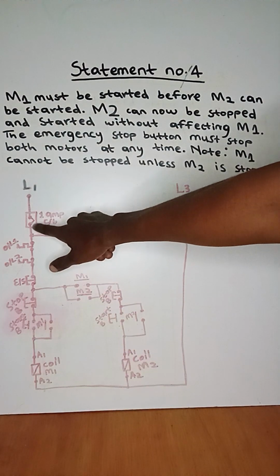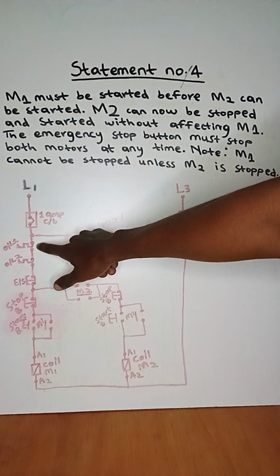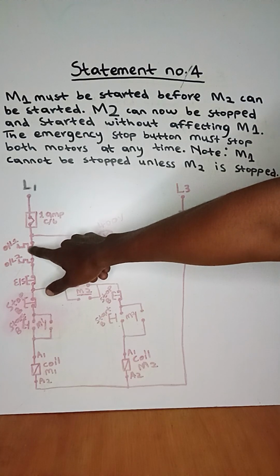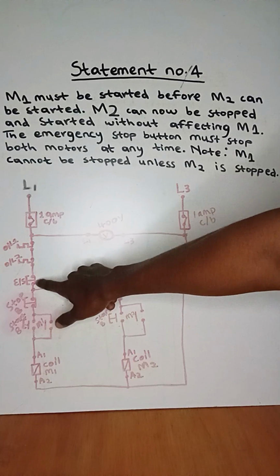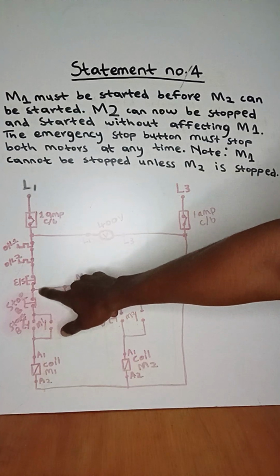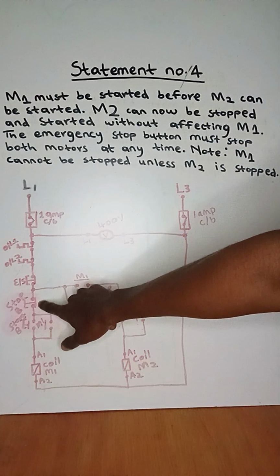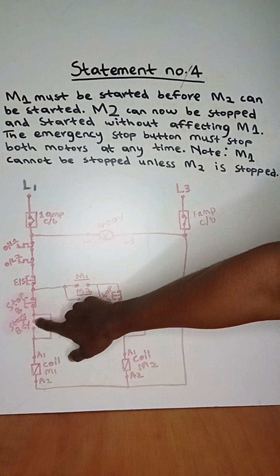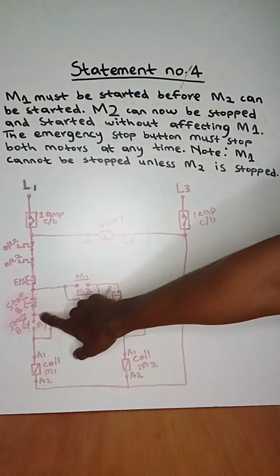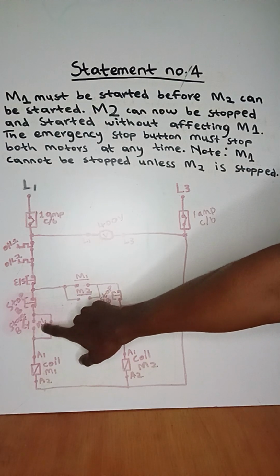Right, also current will flow down to the close contact of overload 1 and close contact of overload 2, close contact of emergency stop, stop button of motor 1, and current will be stuck before the start button of motor 1 and also be stuck before the retainer of motor 1.